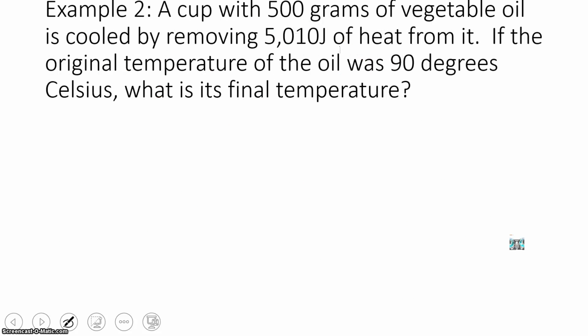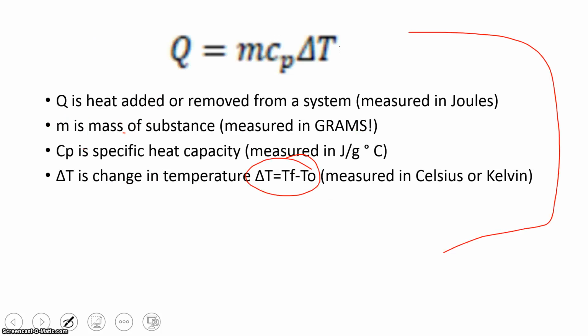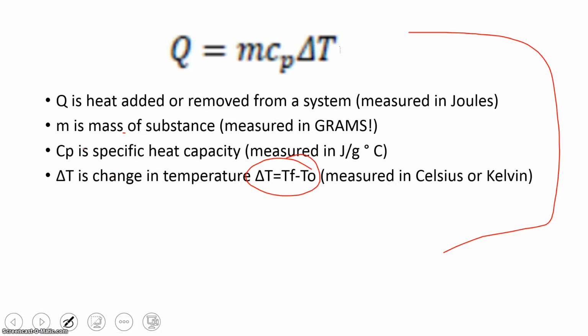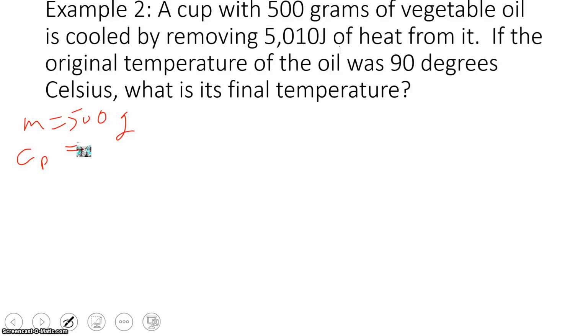Moving on. Example 2. A cup with 500 grams of vegetable oil. So mass is 500 grams. We know the specific heat of vegetable oil; it's in the chart. The specific heat of vegetable oil is 1.67. It's cooled, which means its temperature is going to go down.